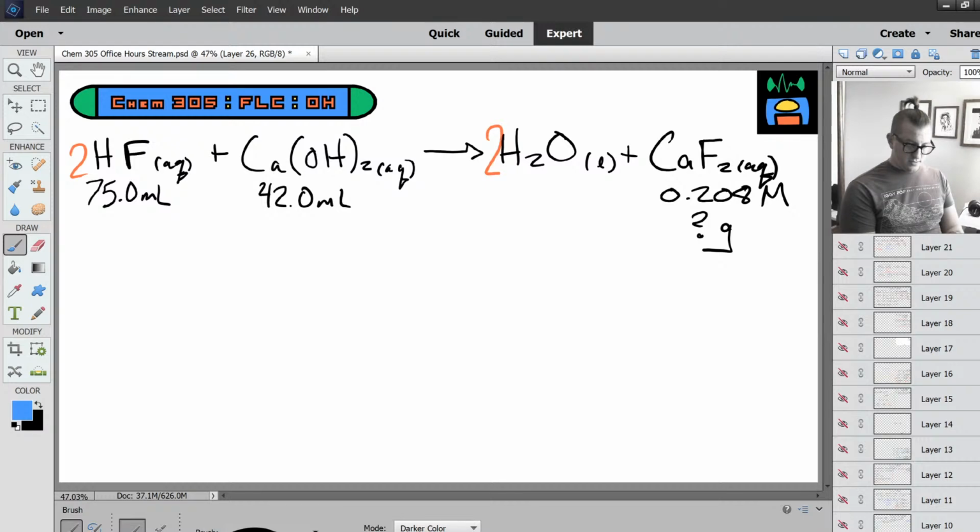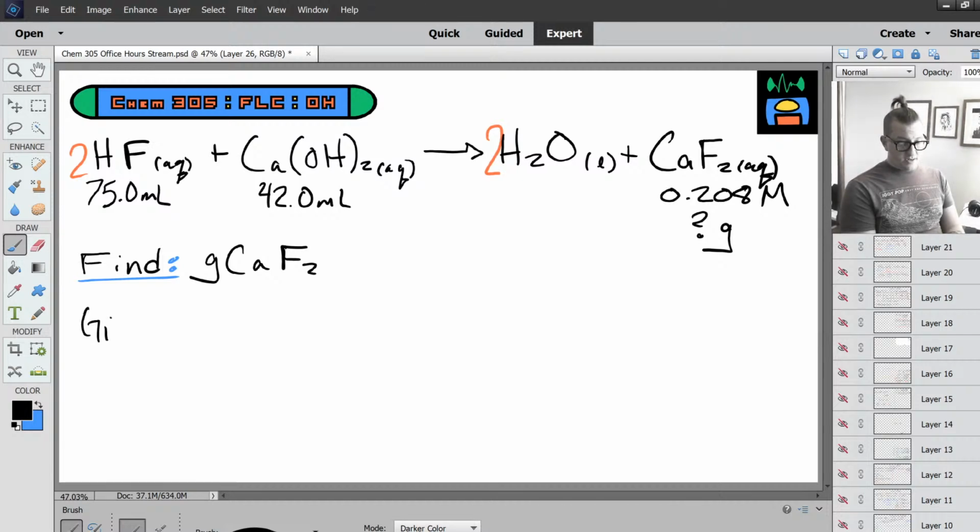So here, let's look at this. We want to find the grams of calcium fluoride, right? We're given the molarity of calcium fluoride.